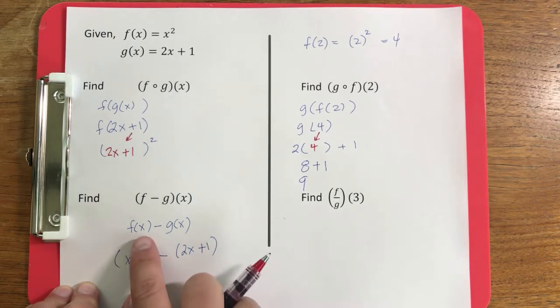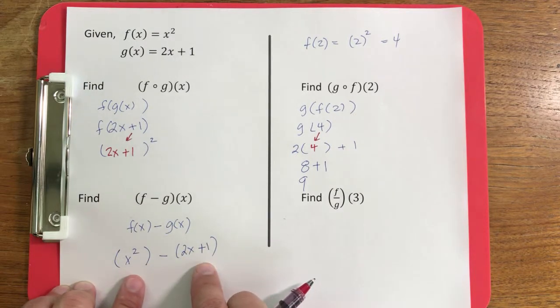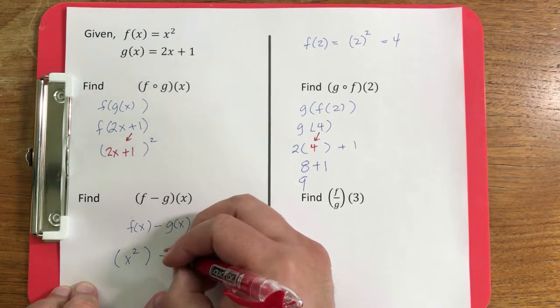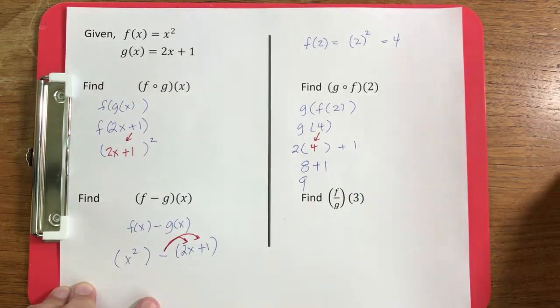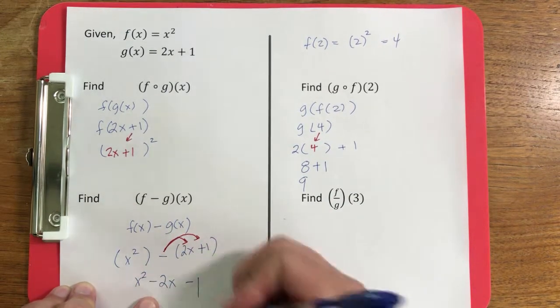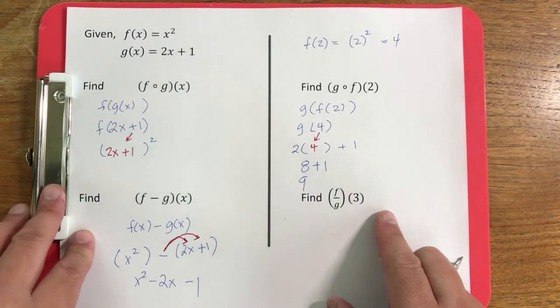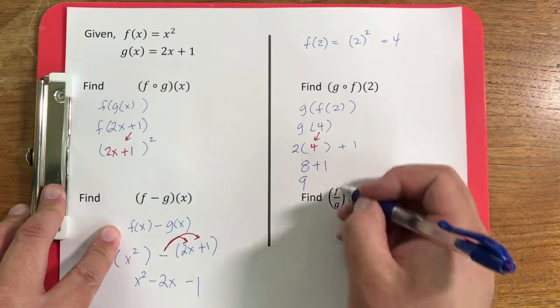So anytime you do a substitution of a variable or a function, make sure you have the parentheses. Sometimes it doesn't matter, and sometimes in this case it does. So we're going to distribute that negative to both of these. So we'll get x squared minus 2x minus 1. And that's my answer.